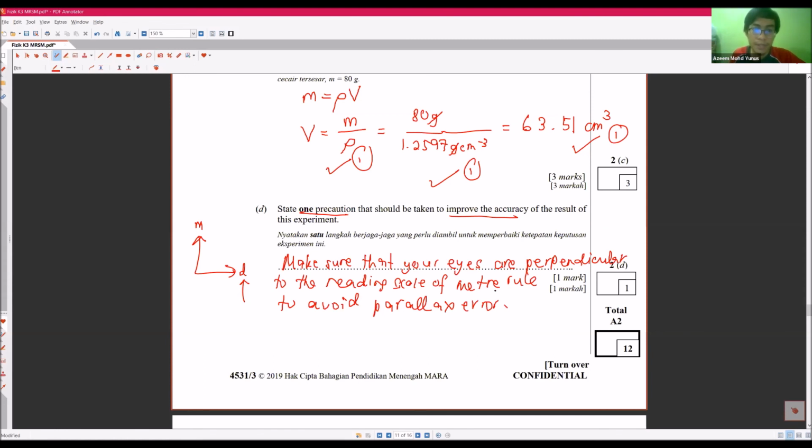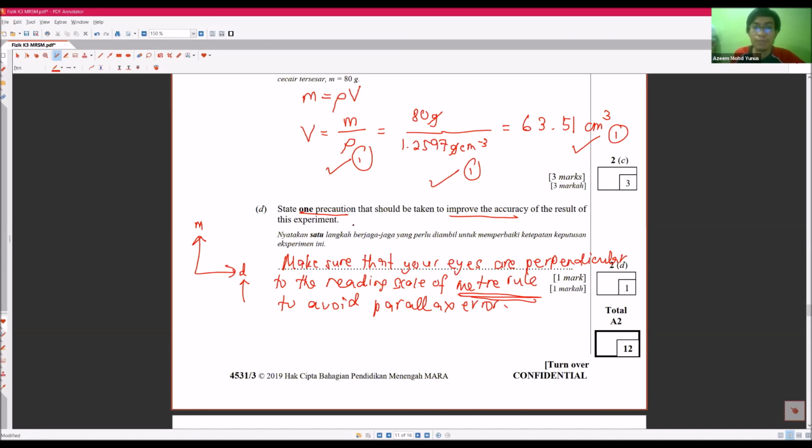So for all experiments, what you need to change is only the measuring instrument. So in this case, if you use a meter rule, then you write meter rule. If you use a measuring cylinder, then you change to measuring cylinder, etc. That is the easy one that you can remember.